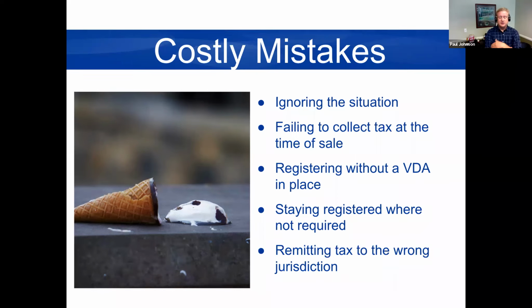There are ways to limit your tax liability if you've been doing business in the state for a while and you have a material amount of tax responsibility. So if you were to register effective today and disregard your prior tax liability, it could come back to bite you in the future.